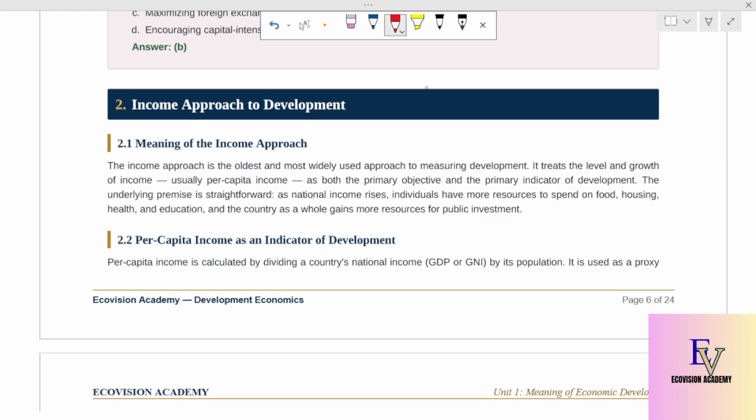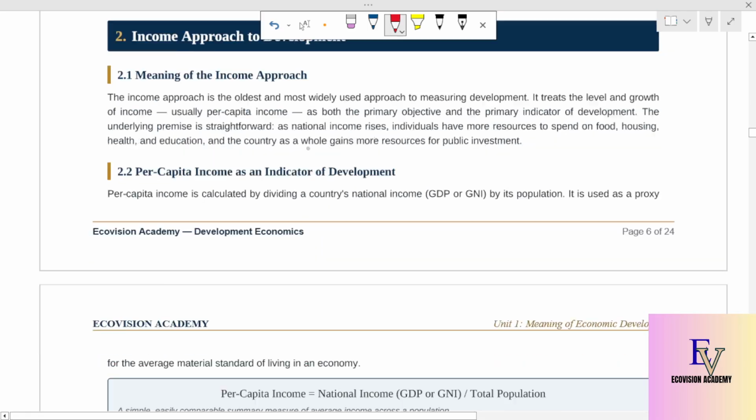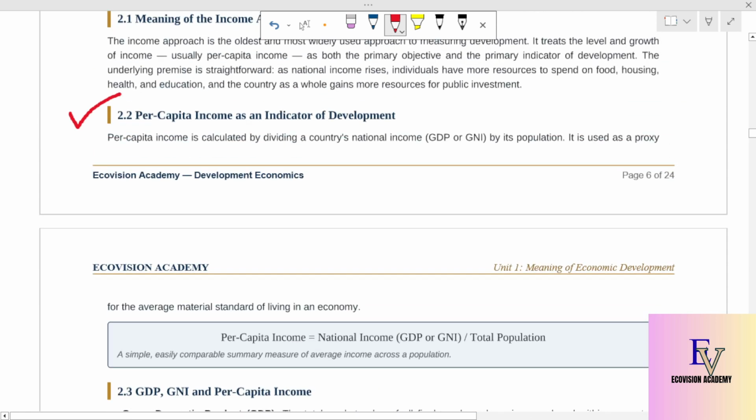So whenever we are using the income approach, per capita income may be an indicator of development. What I already told is that suppose a country has a very large GDP, it doesn't matter. Whenever a country has a very large GDP, it doesn't mean that the country is very rich or that each and every person living in that country is very rich.